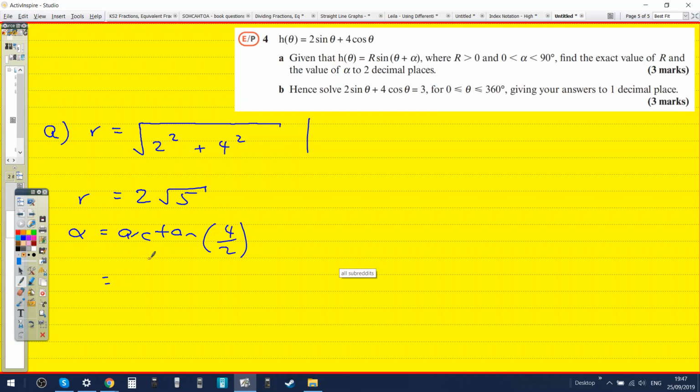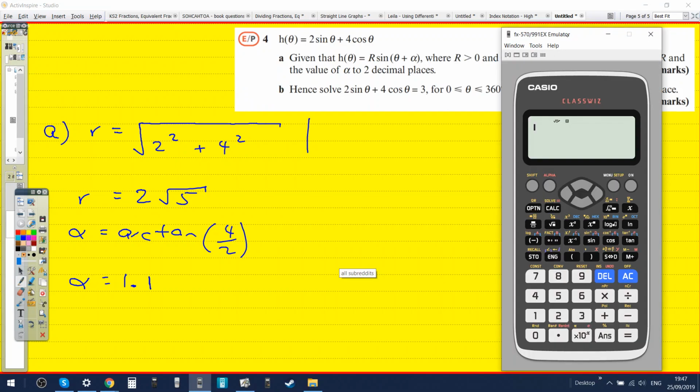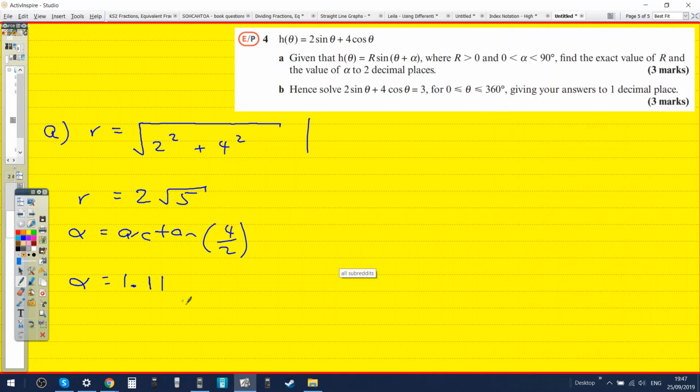And what was alpha to 2 decimal places? Alpha to 2 decimal places is 1.1. So that would give you r sine theta plus 1.1. That's 1 decimal place, isn't it? Oh, it's 2 decimal places, so 1.11.